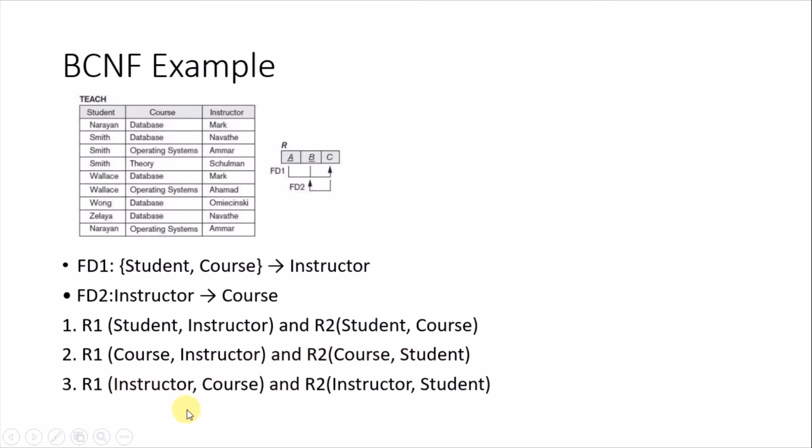The main problem is that we have preserved the instructor to course dependency in the resultant relations, but we have a functional dependency student, course to instructor that is not there in any of the results.